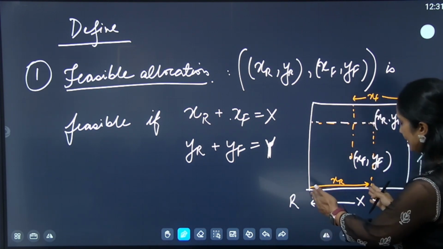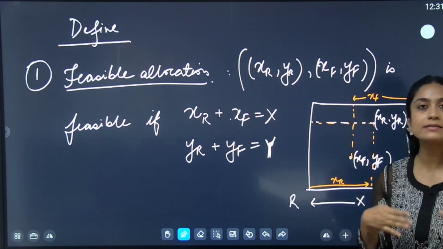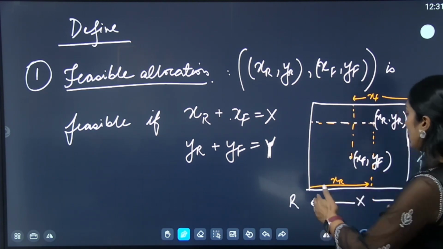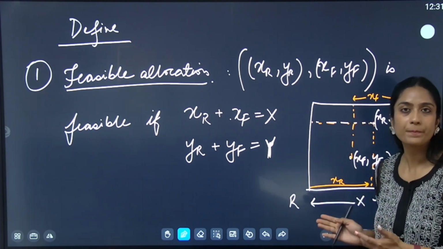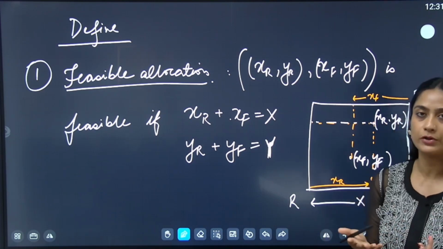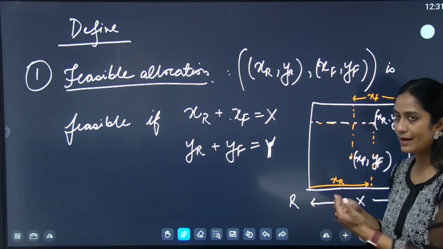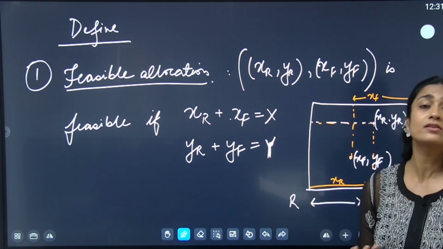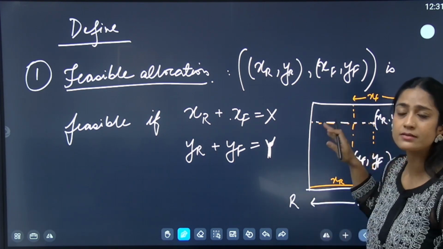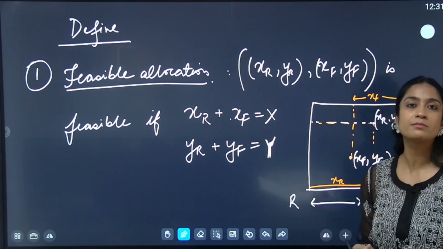And we know that this plus this actually exceeds the total available X. So simply this is not feasible. You cannot have more endowment than there is actually available. So this just doesn't make sense. That's one kind of non-feasible allocation.